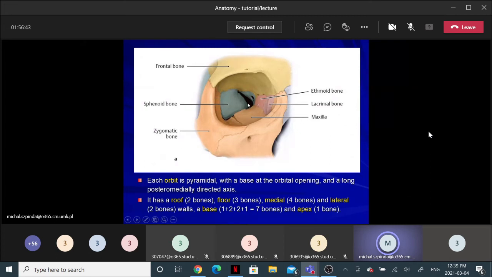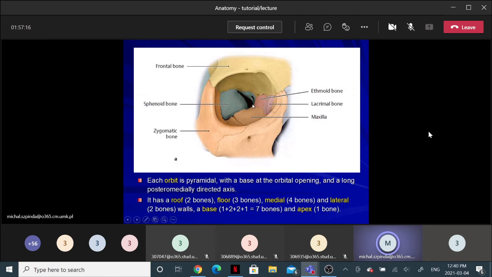The orbital fundus or floor is composed of 3 bones. Mostly the maxillary body and the zygomatic body, and the third part is very small and positioned close to just here.